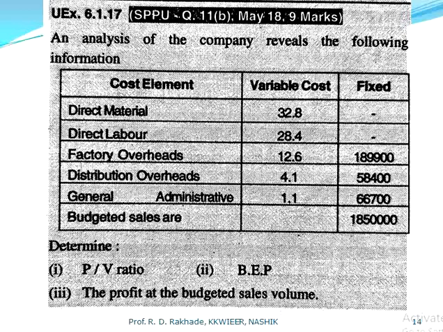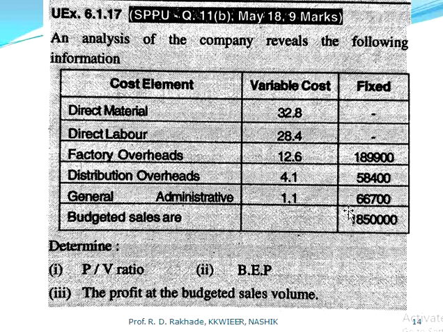Okay, next. An analysis of a company reveals the following information. So here variable costs are given, then fixed costs, and budget sale is also given. Determine PV ratio, break-even point, and the profit at the budget sale volume.